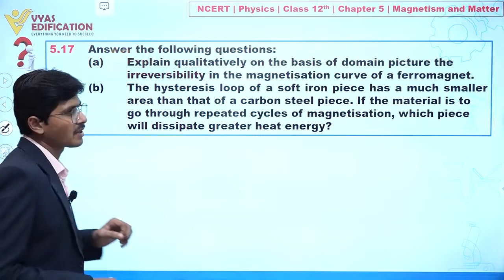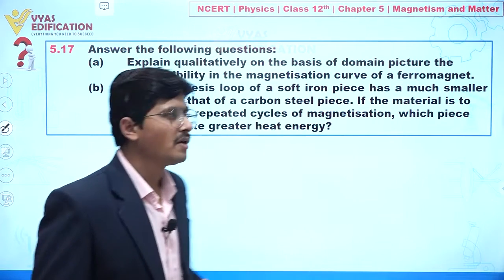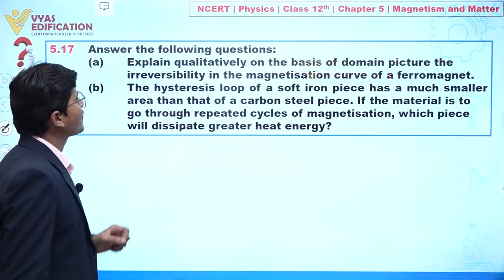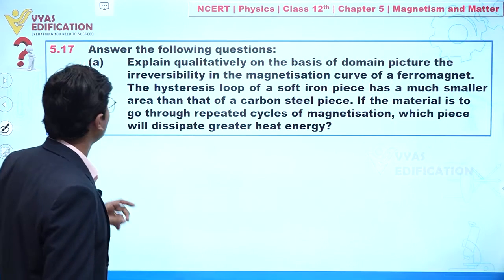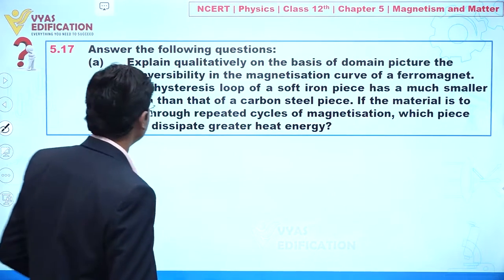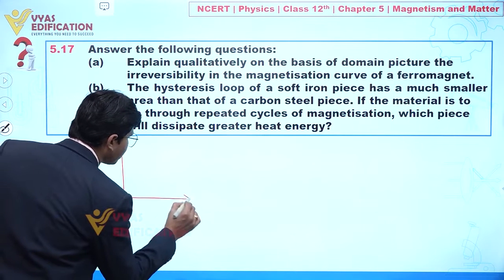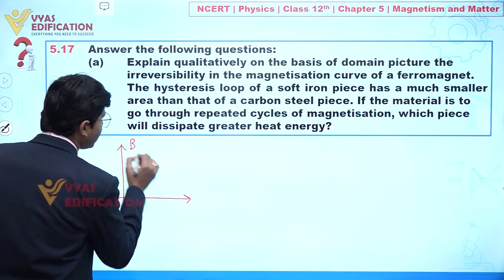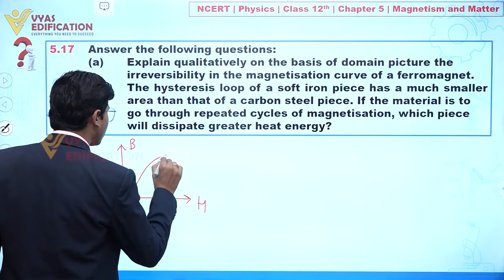Clear to everyone? Now I am going to discuss part B. In part B it is given that the hysteresis loop of a soft iron piece has a much smaller area than that of a carbon steel piece. I think you know the hysteresis loop. If you draw a graph between B and H, the curve looks like this.